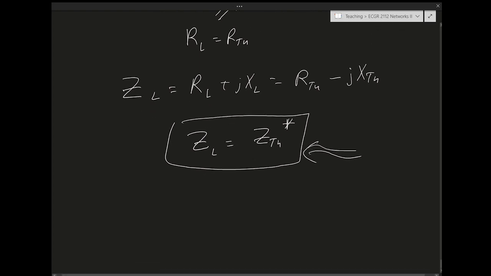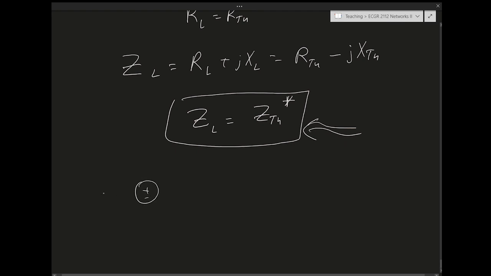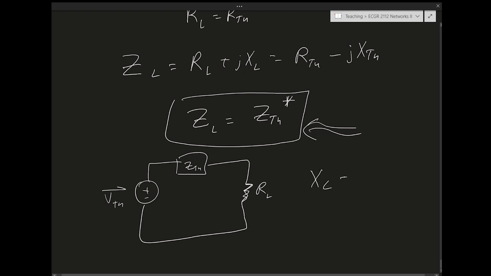What about the special case where we have an AC circuit, V Thevenin, Z Thevenin, and then we just have a resistive load, RL? There is no X component. So this is the constraint condition where XL equals 0.